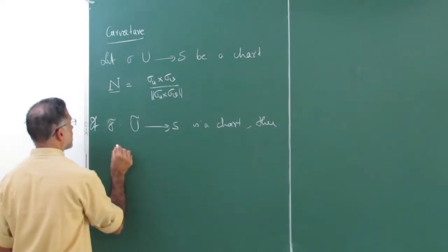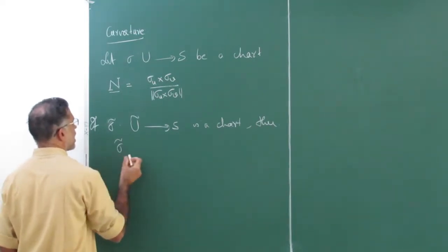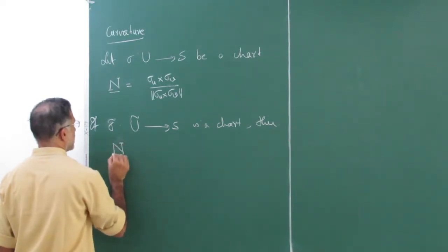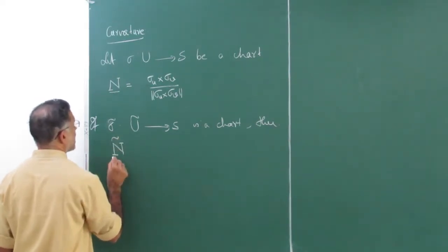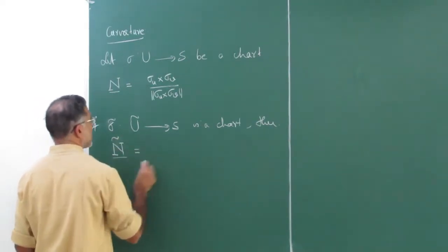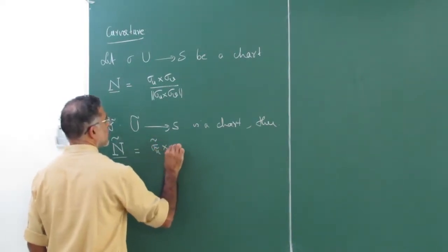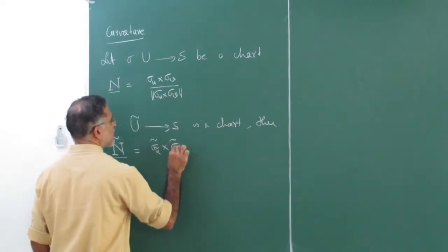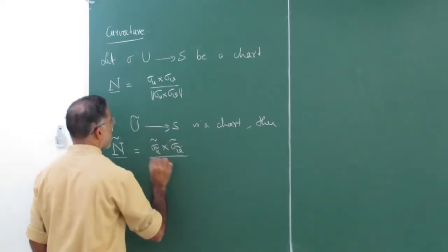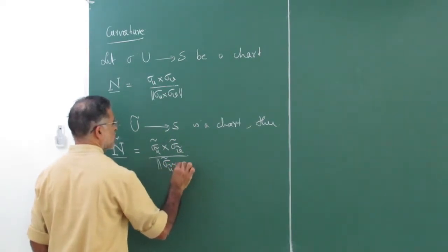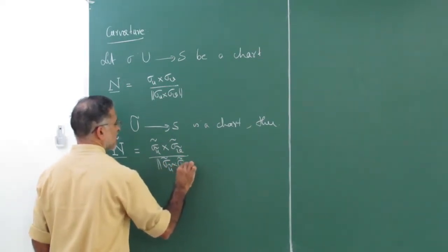Then you will get another normal, n tilde, which is going to be sigma tilde u tilde cross sigma tilde v tilde upon the norm of sigma tilde u tilde cross sigma tilde v tilde.